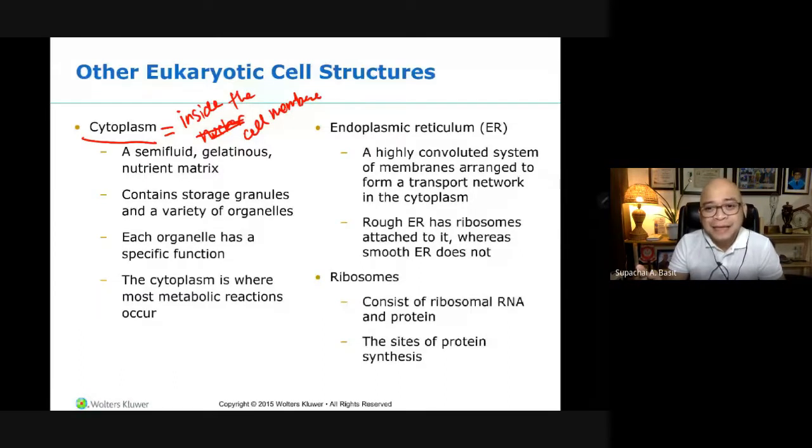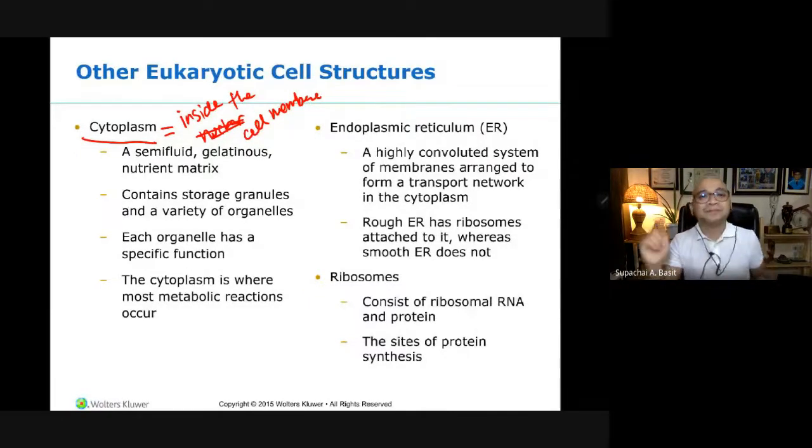If you examine the cytoplasm, you'll find that it is made up of different storage granules and a variety of organelles. Each organelle has a specific function. The cytoplasm is the site where most metabolic activities of the cell occur. That's why you can find different kinds of organelles here.